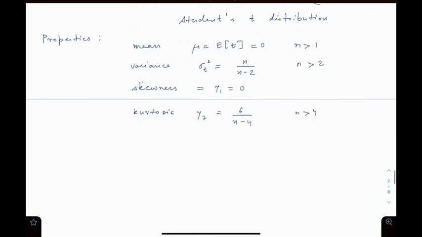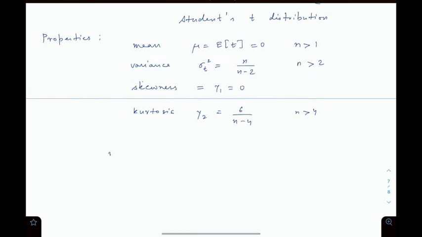And lastly, if we look at a general formula for the moments, let's call them mu r, under different conditions it takes different values.